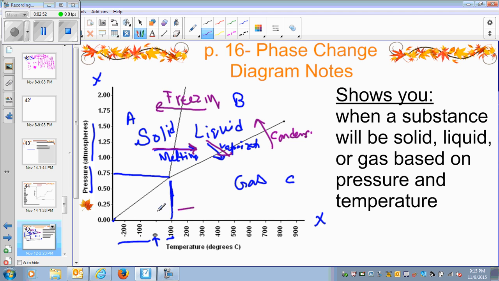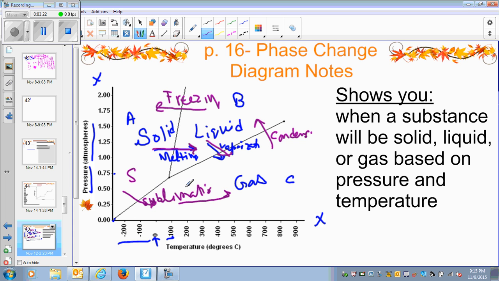But if I decrease the temperature and pressure below this point, you see that we completely skip the liquid stage. So when we skip the liquid stage, the only thing happening is that your solid is being converted straight into gas. When solid goes straight into gas, that process is called sublimation.